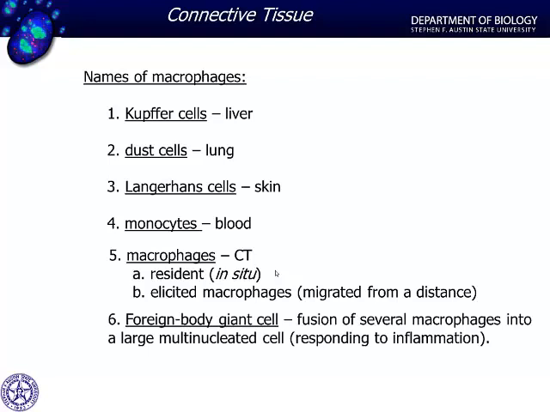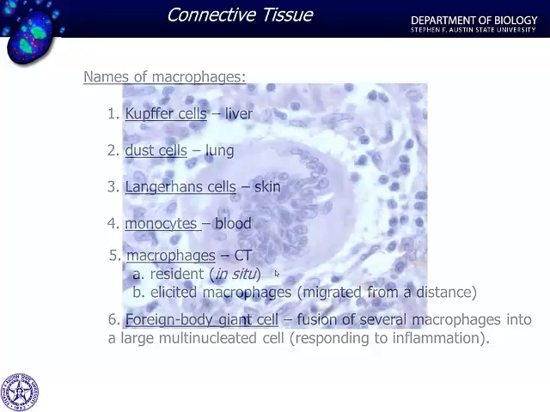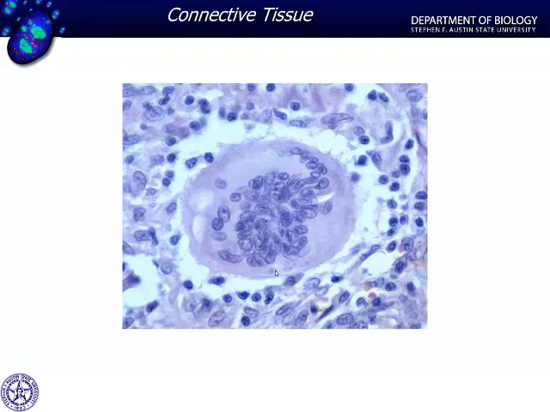Now these are weird cells. I'm not sure that you're necessarily going to see these during the semester, but they go along with macrophages, because if you take several macrophages and you fuse them together, you're going to get this one tremendously huge blob of multiple nuclei running around. And sometimes these are going to be responsive to inflammation. So in areas of inflammation, if you have a biopsy, for instance, from inflammatory tissue, you may see these foreign body giant cells.